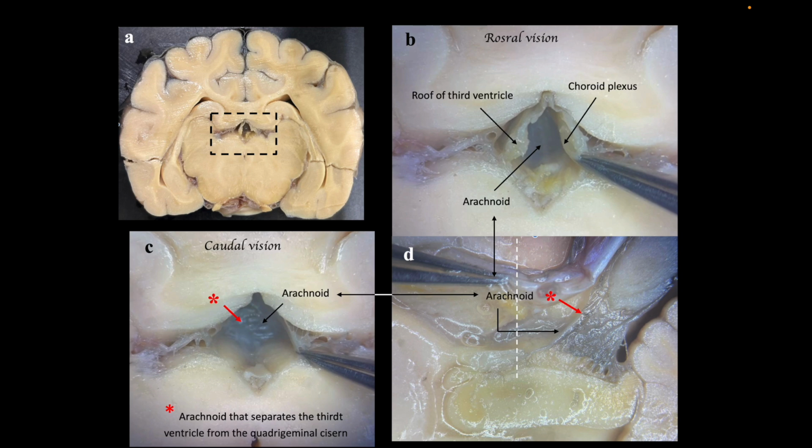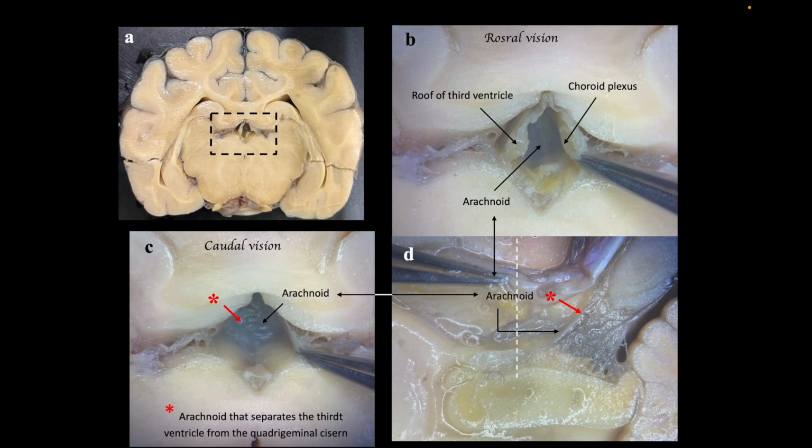The pineal gland here is covered by this arachnoid membrane, as we have seen in previous images. So this pineal gland has been sectioned transversally. It is not located caudal to this membrane, it's located rostral, but it's covered by this membrane.